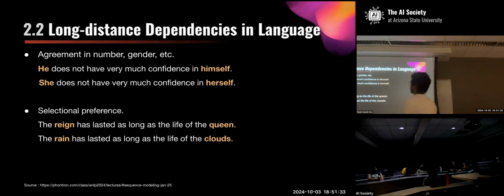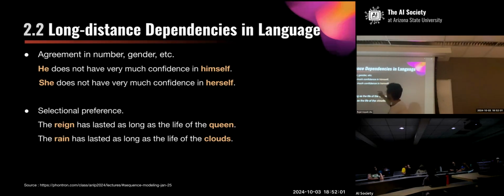English in general doesn't have too many of these, but this is an example of gender agreement. If he is used, the gender is male, so the term at the end should be himself, it can't be herself or any other thing. Similarly, if the person is being referred to as she, then the word at the last can't be itself or himself, it has to be herself.